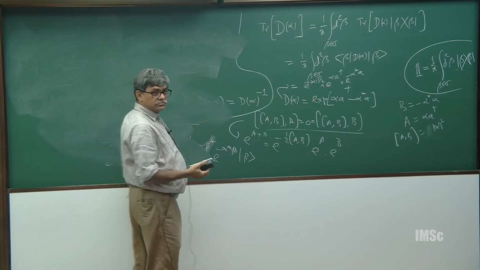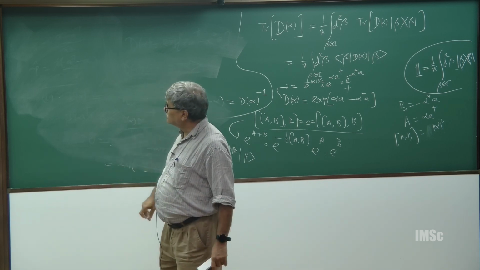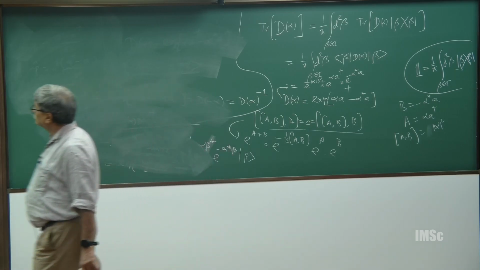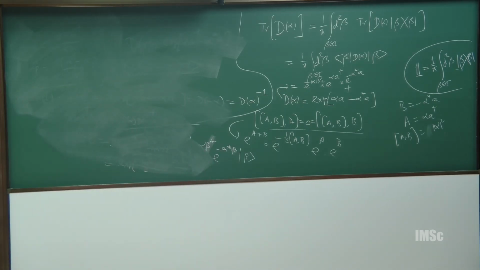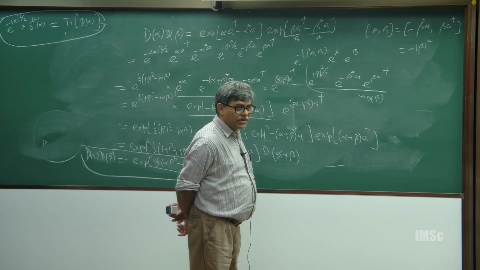It's actually an easier way, I think, to prove this from just the first equation. If we let the term inside the first exponent be A and the term inside the second exponent be B, so that whole term, alpha a dagger minus alpha star a, is capital A, and the other thing is B, that will satisfy the condition for Baker-Campbell-Hausdorff.